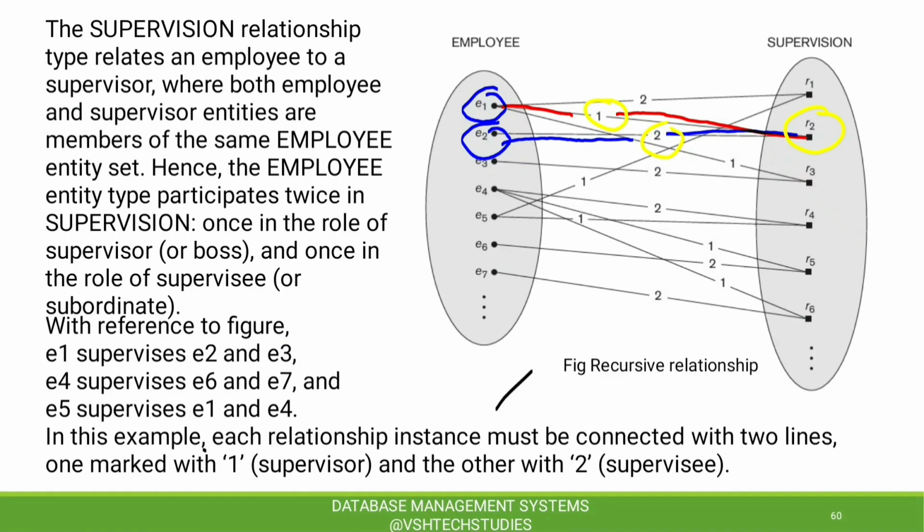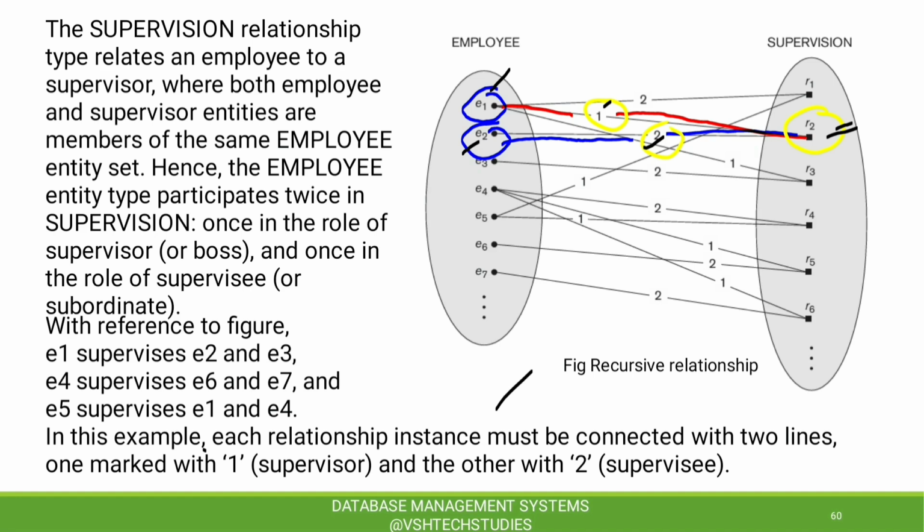So this figure shows that entity E1 is connected to R2 relationship instance through line 1, means E1 acts as the supervisor. To the same relationship instance, E2 entity is connected through line 2, means E2 acts as supervisee.